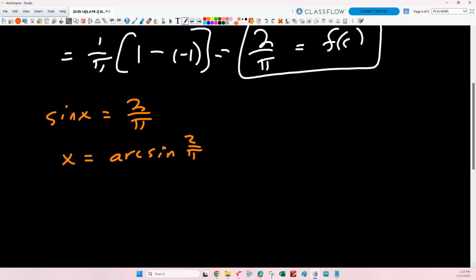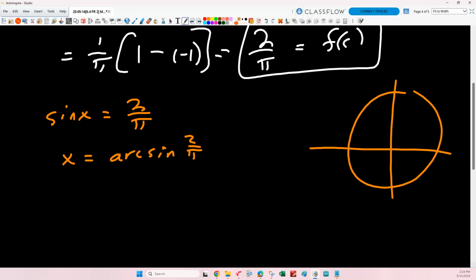Everybody get that? Like if I looked on my unit circle, let's just say that this is the place right here where the y coordinate is 2 over pi, right? Sine, yeah. Because that's what we're asking for, isn't it? Doesn't that make sense? We're asking for the sine of what angle is equal to 2 over pi, right?